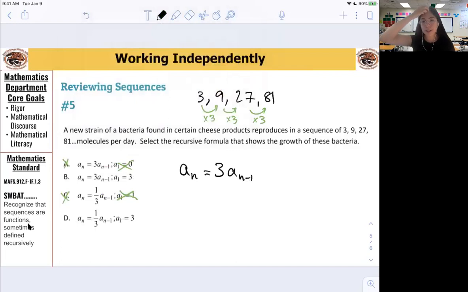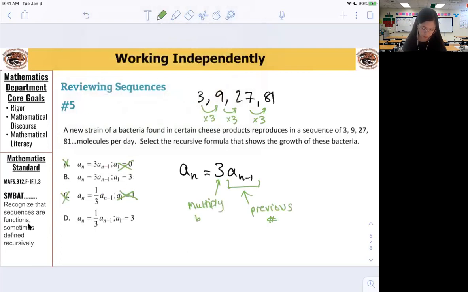So answer choice B is saying you're going to take the previous number, whatever number came before, and multiply it by 3. And since that's exactly what we're doing, I know that B is correct.